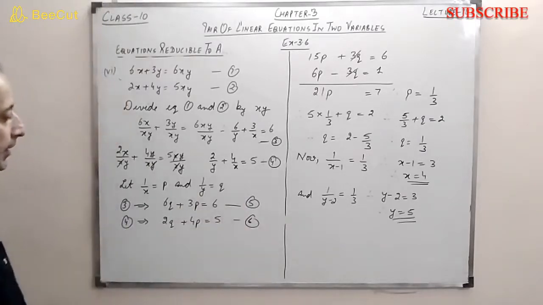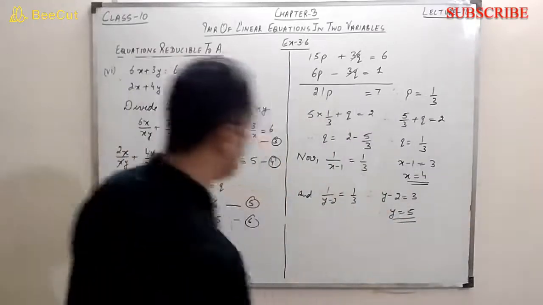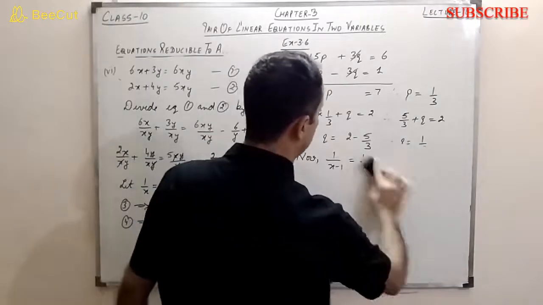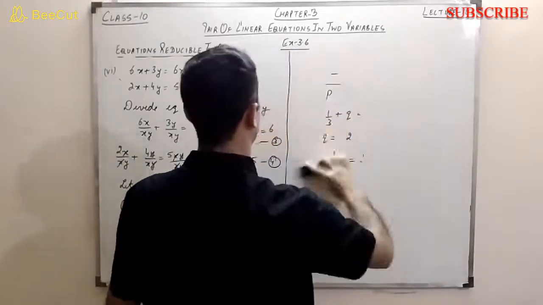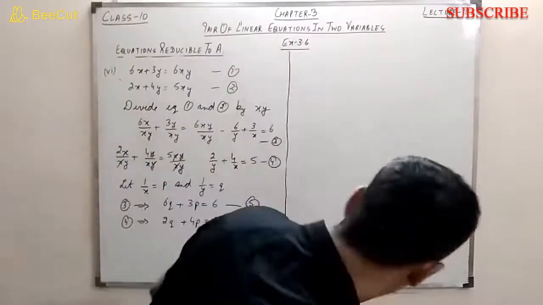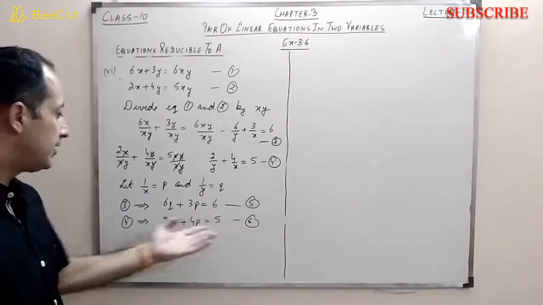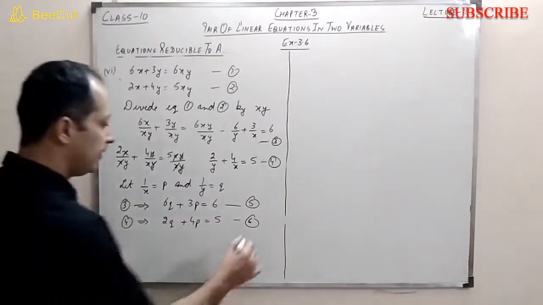Now, the next step is to simplify the two equations. Apply any method which you like best and then find the values of p and q. I apply the method of elimination and multiply equation 6 by 3.